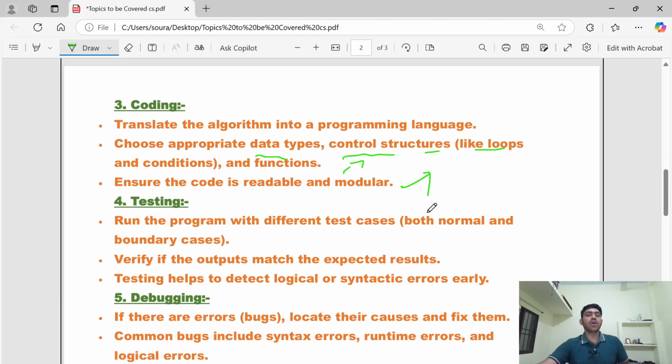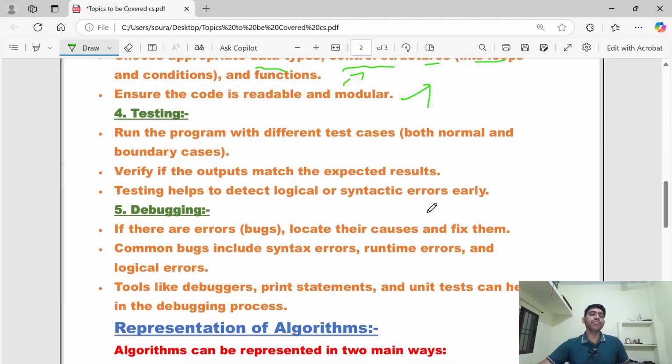Then we come to testing. Run the program. After writing your code, you run it with different test cases, both normal and under different conditions. By putting in different conditions, whatever conditions you are going to give to this particular application, you need to check them through the testing process.